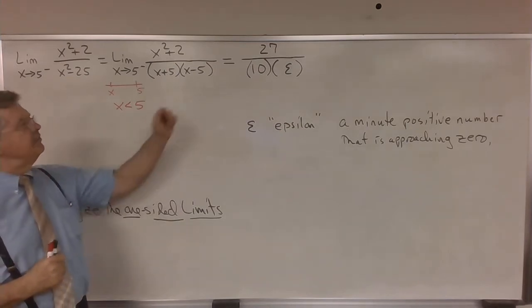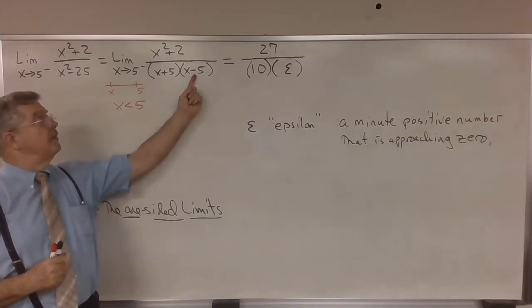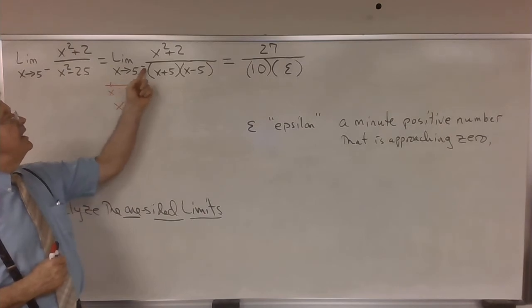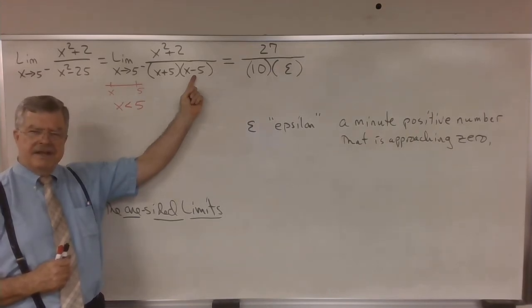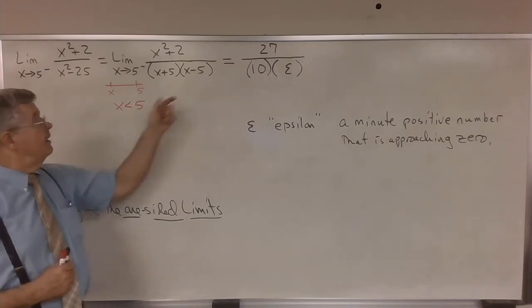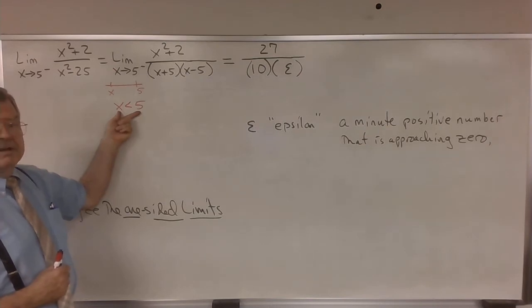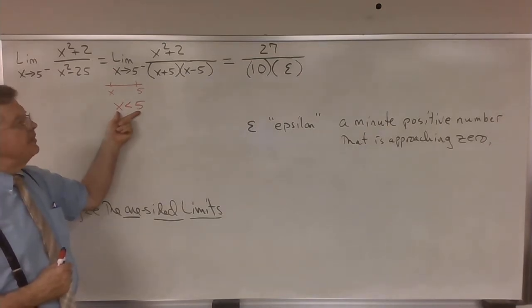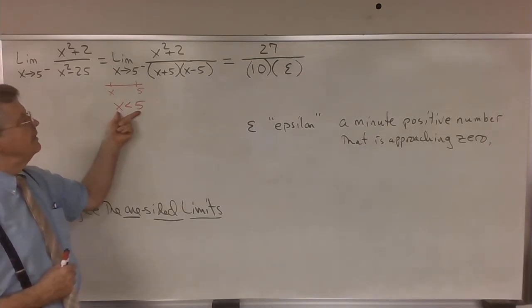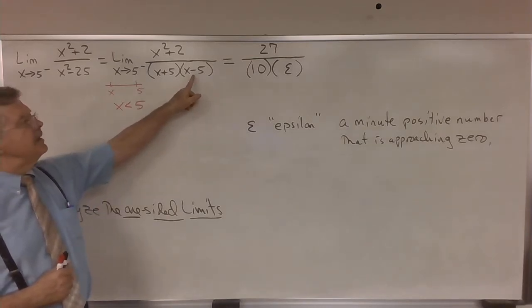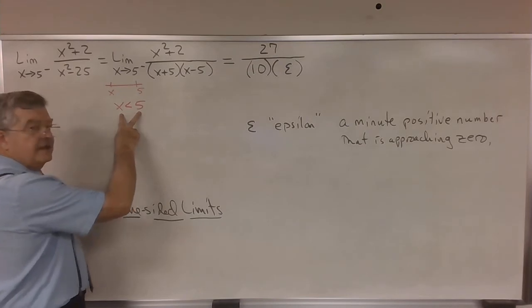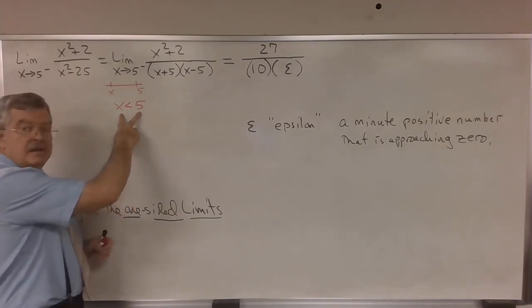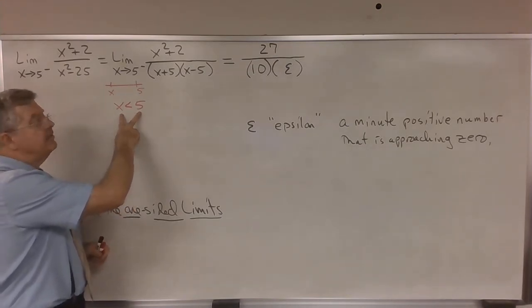Now, remember what I was trying to do? I'm trying to figure out, as x approaches 5 from the left, does this factor approach 0 through positive values or negative values? This inequality doesn't tell me. So I want to rewrite the inequality so that it tells me something about x minus 5. So how can I get this inequality to tell me something about x minus 5?